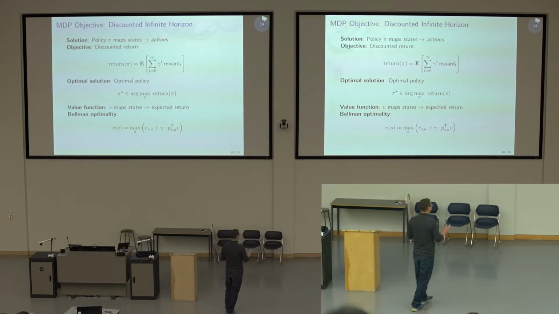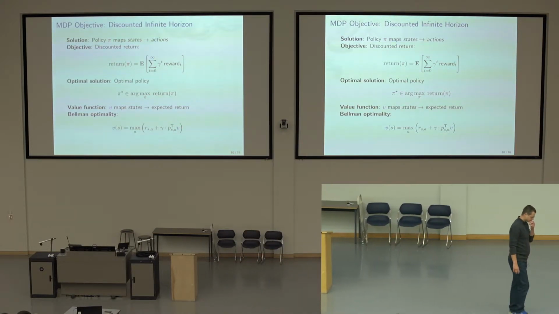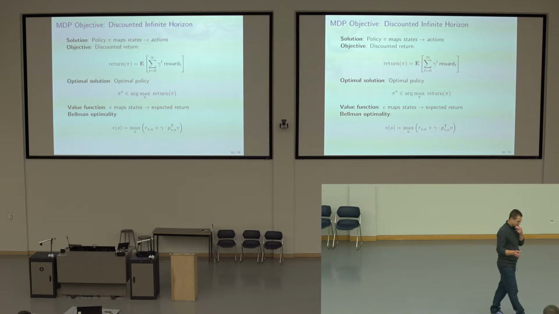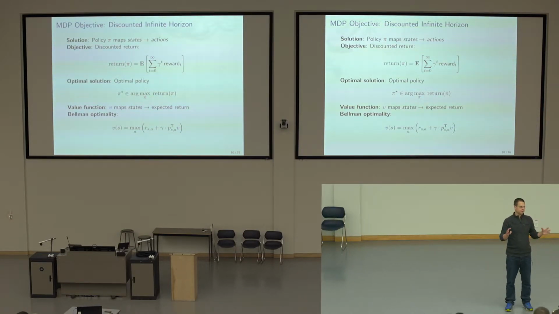So let's just remind ourselves about MDPs. This is just like most of the other talks, set in the context of discounted infinite horizon rewards. I'm going to use this quantity that I called return. This is your objective. This is what you're trying to maximize. So you can think of it as the value of the initial state.